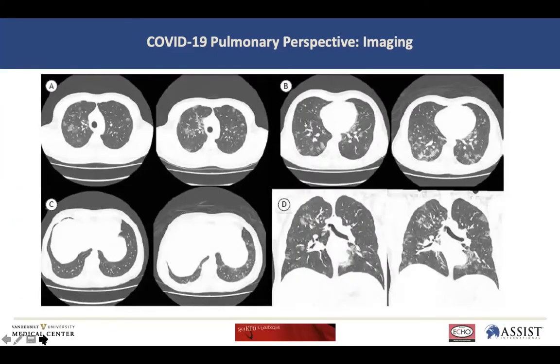Now, I mentioned that up to 30% of individuals presenting with COVID-19 are asymptomatic, and actually many of them don't have pulmonary manifestations on imaging. Here I'm showing some images of a chest CT that is not normal, that demonstrates very clearly small patchy infiltrates.